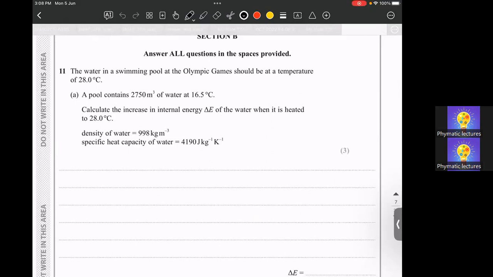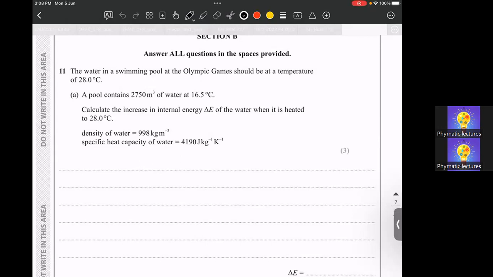Calculate the increase in internal energy of the water when it is heated to 28.0 degrees Celsius. The density of water is 998 kilogram per meter cube. Specific heat capacity of water is 4190.